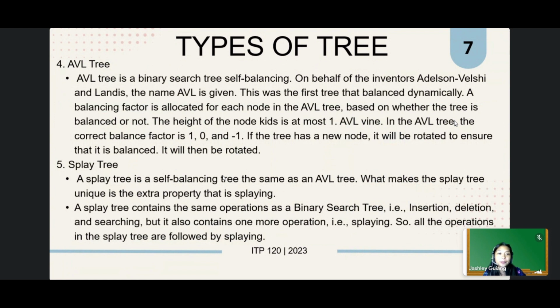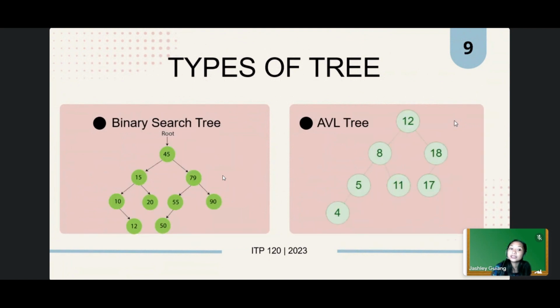In the AVL tree, the correct balance factors are 1, 0, and -1. If the tree gets a new node, it will be rotated to ensure that it is balanced. So here is an example of the AVL tree. It is a self-balancing kind of tree.